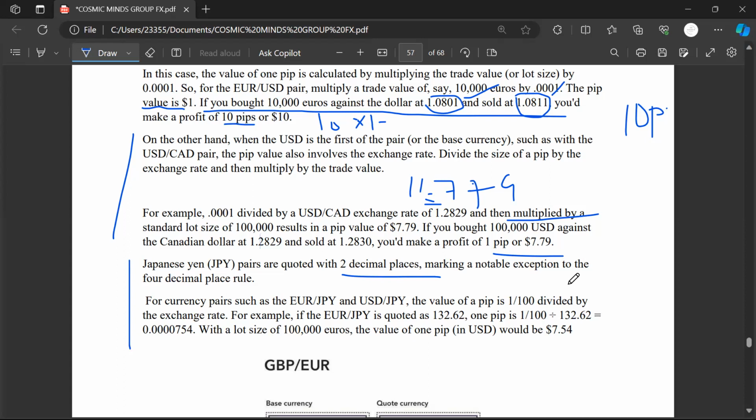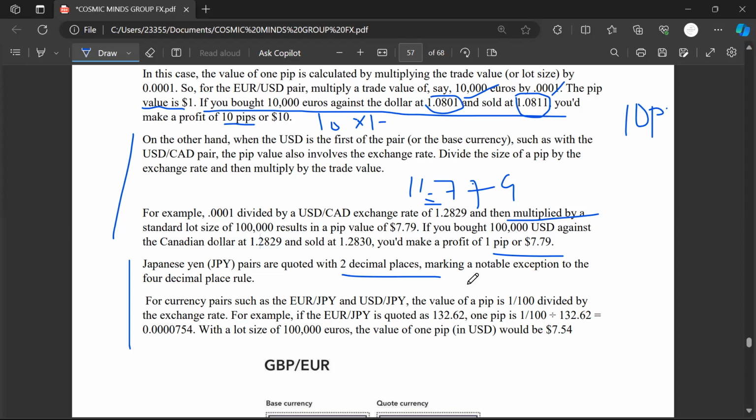But let me tell you, you only see the yen as the quote currency, always. I've never even met a currency pair with the yen being the base currency. So that is why we didn't make any distinction between here being the quote or being the base.